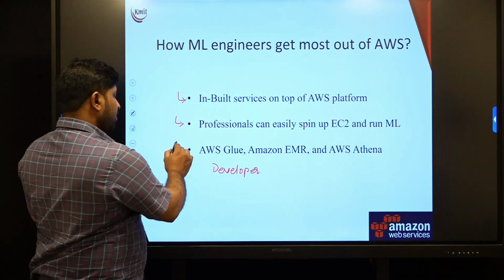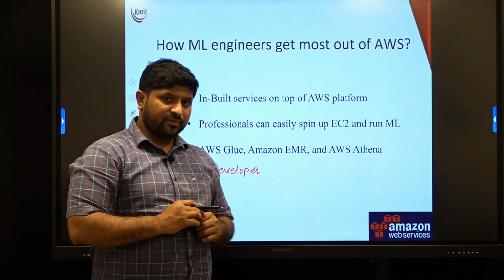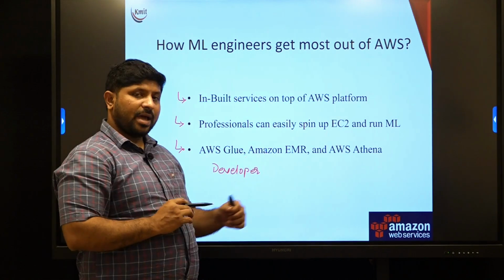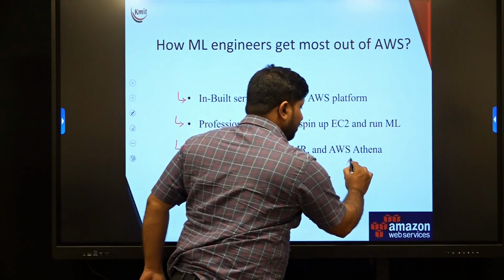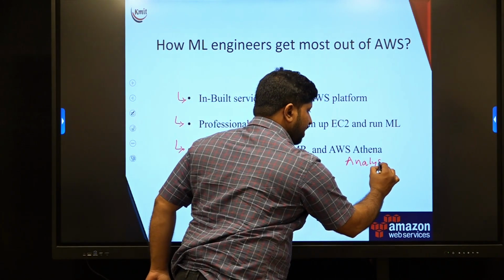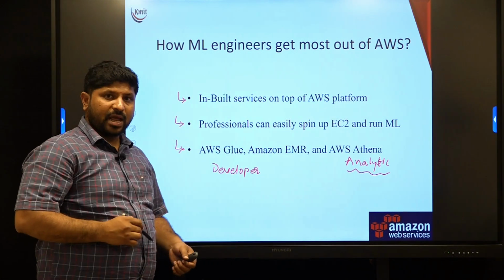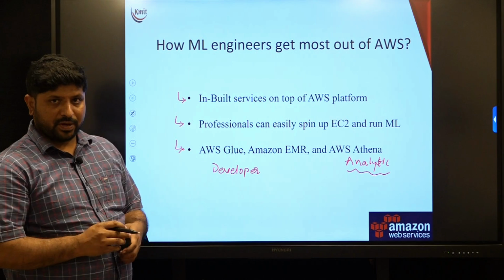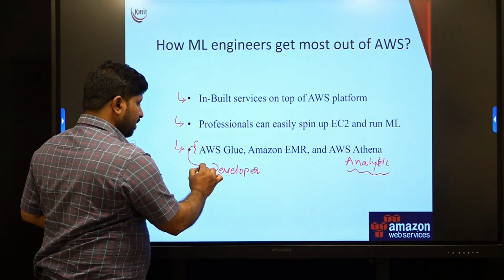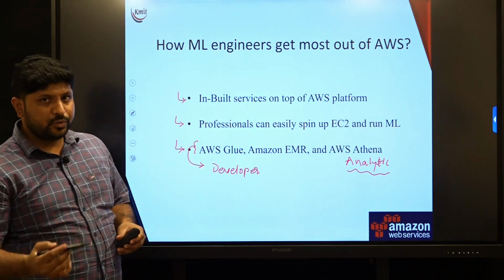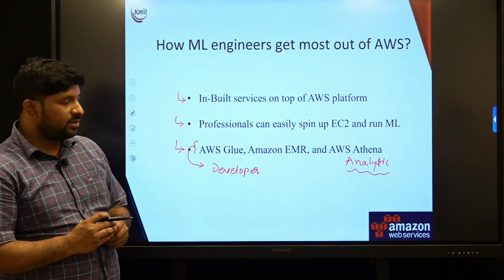For them, AWS provides certain inbuilt services such as Amazon Glue, Amazon EMR, or Athena for analytics. Athena is basically an analytical tool, whereas EMR stands for Amazon Elastic MapReduce. These services are pre-configured, and this is facilitated for new users or developers who don't have much experience in machine learning.